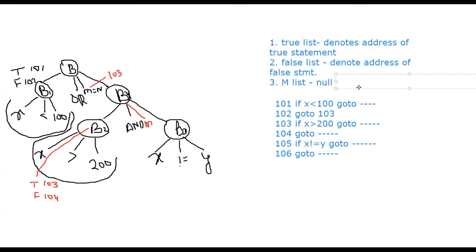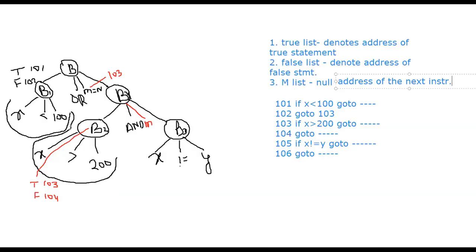The M list will contain the address of the next instruction, right? Address of the next instruction. Fine. So if the B1 is false, what is the address of the next instruction? 103. So the M will contain 103 when it is OR operation.